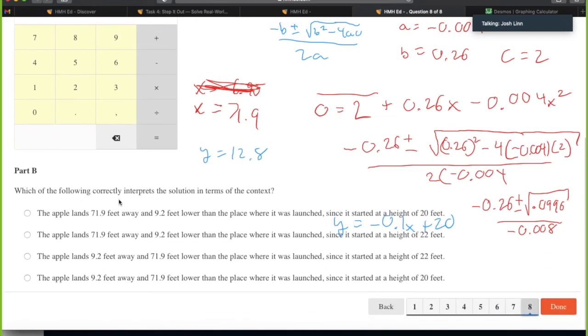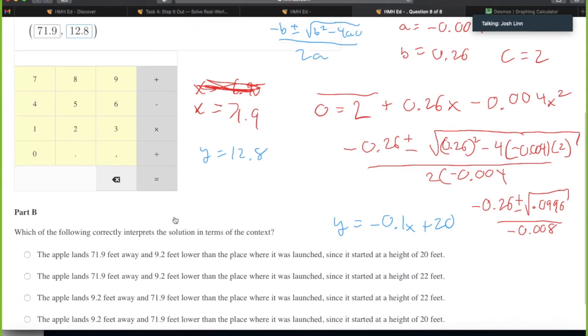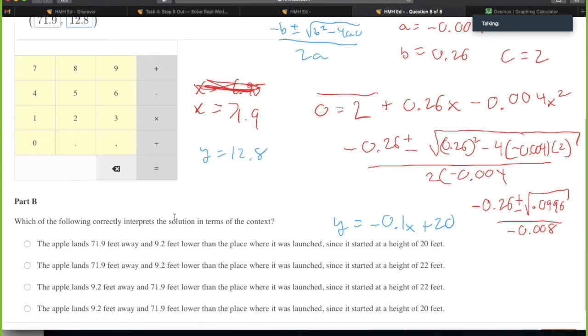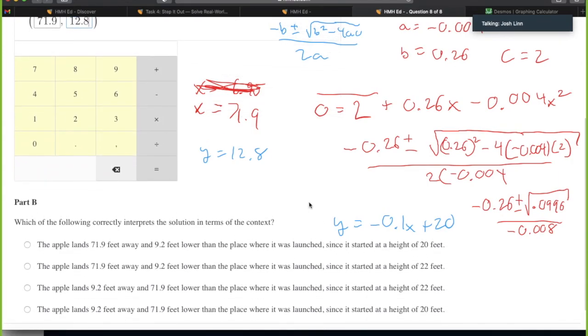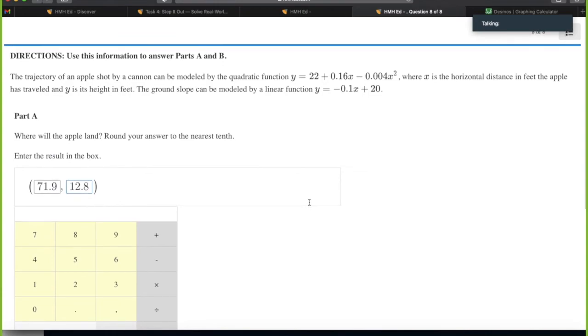So which of the following correctly interprets the solution in terms of context? The apple lands 71.9 feet away and 9.2 feet lower than where it was launched, since it started at a height of 20 feet. Let's get all this stuff out. So I guess it was launched from 22 feet up, because again, if you shove x equals 0 in here, you get y equals 22, and that's where the cannon started.